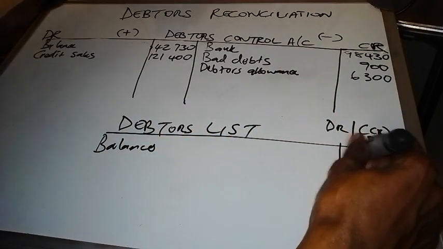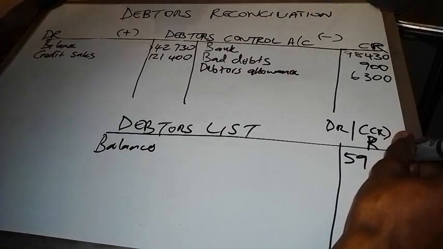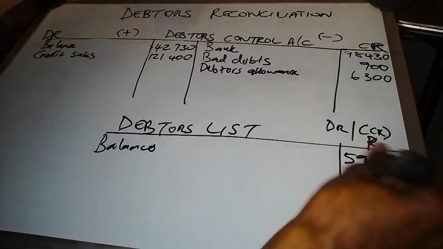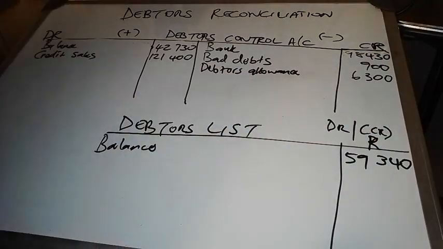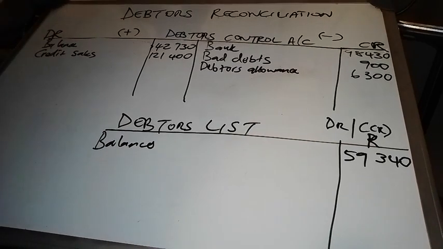Balance of the debtors list was 59,340, and then we adjusted this balance, right? So let's go through the other information. The second bullet says the total of the creditors list on 30 November 2014 according to the creditors ledger was 74,295, right? So that one affects creditors.